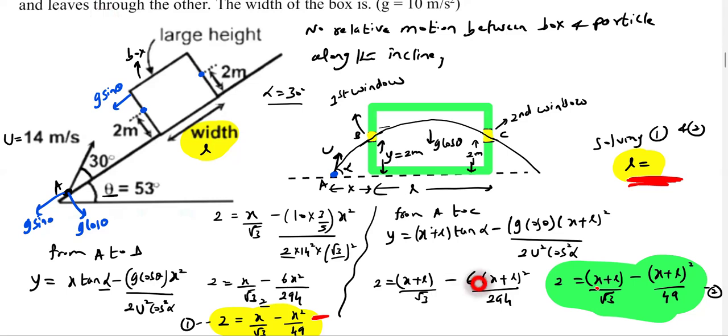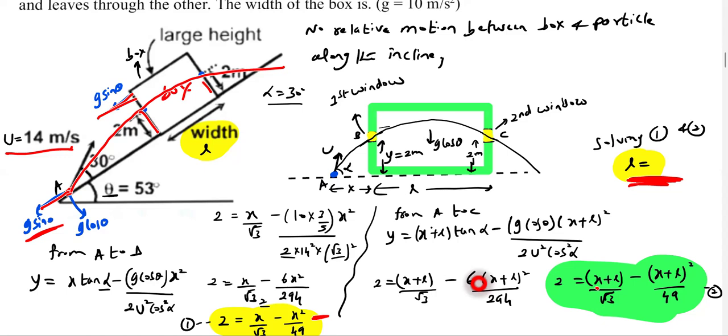Okay, kids. So what is the basic idea of this one? We are projecting the ball from a point on an inclined plane with a speed of 40 meters per second. At the same time, the box is released. Then this is going to pass through the box like this, and both the windows are at the same height. There's no relative motion between the box and the particle along the incline because both have g sin theta.